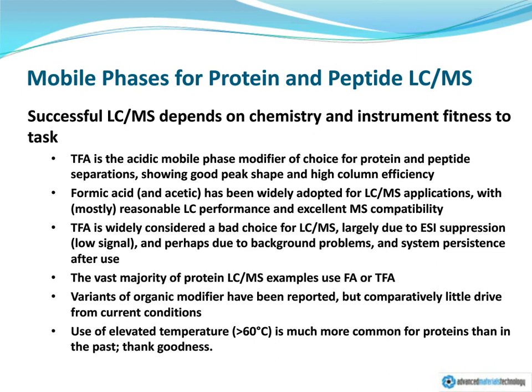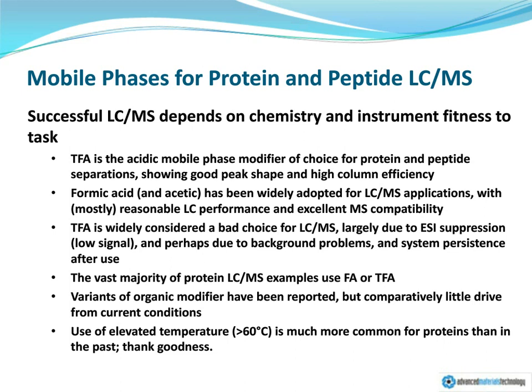So that doesn't mean that TFA cannot be used, but in all cases there will be a decreased sensitivity relative to the use of formic acid. So currently, the vast majority of applications of LC-MS use either formic acid or trifluoroacetic acid. And one of the areas that we've explored in detail has been to look at the question of, are there other alternatives?